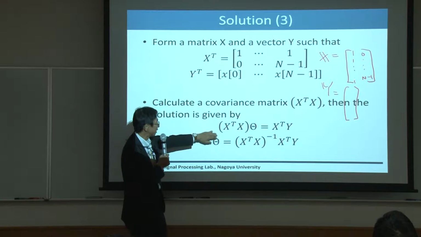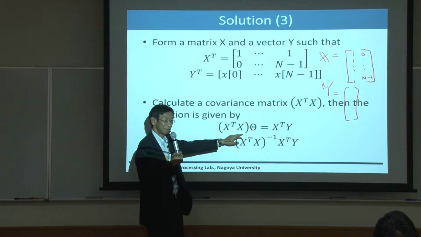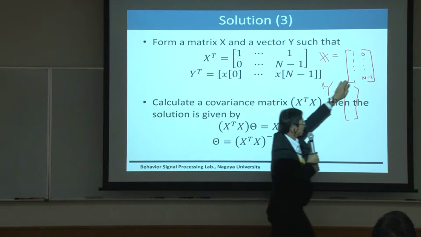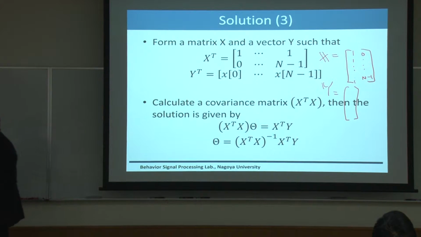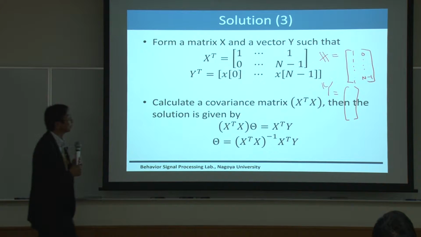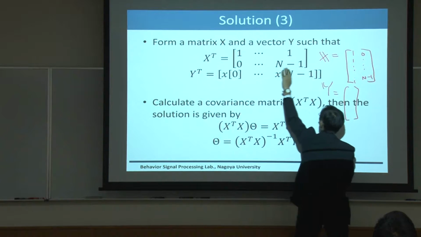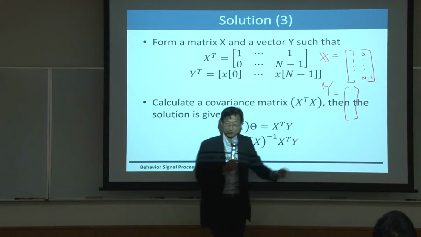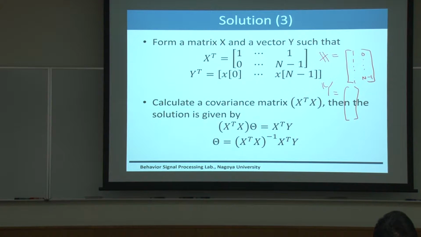It calculates the multiplication of X transpose times X. So this times this, which gives you a 2 by 2 matrix, because the number of rows is 2 and the number of columns is 2. Therefore, a 2 by 2 matrix.